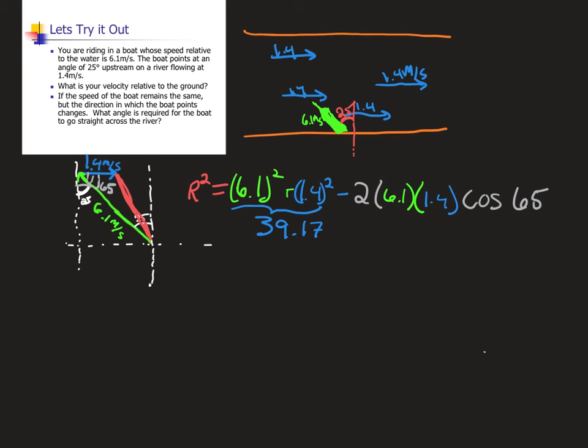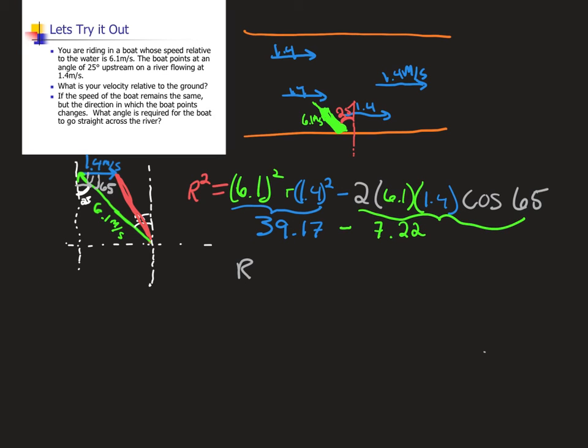And that all together gives me, because I remember I got to subtract it, 7.22. Then I do my subtraction of 39.17 minus 7.22. Usually better to keep full calculator readouts to get a rounded value.